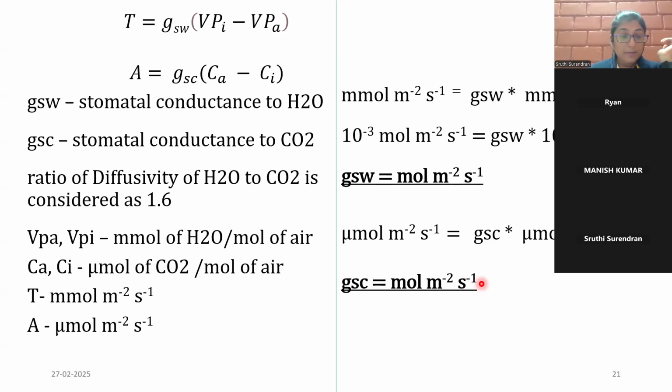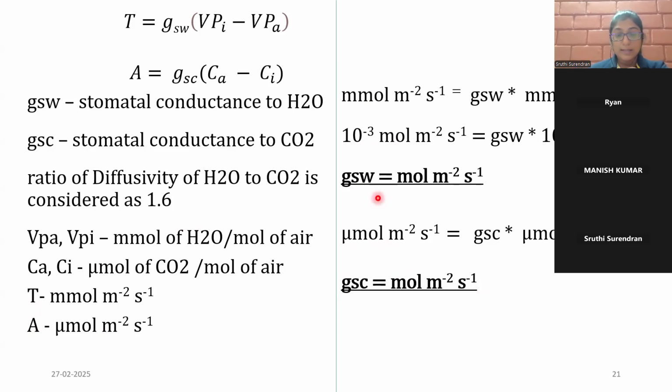So we understand from here that the unit of transpiration will be millimoles of water per meter square per second, the unit of assimilation will be micromoles per meter square per second, and stomatal conductance, irrespective of whether it is towards water or towards carbon dioxide, will be in units of moles per meter square per second.